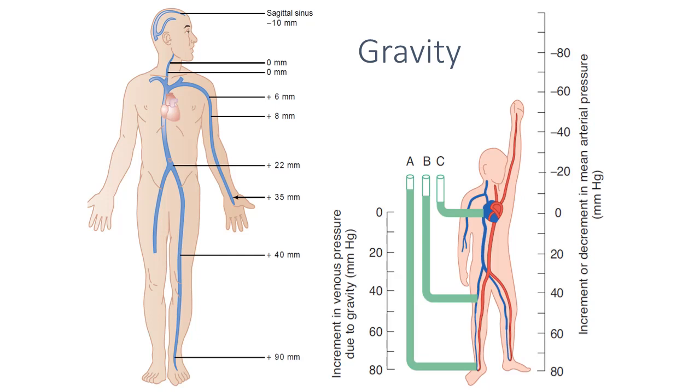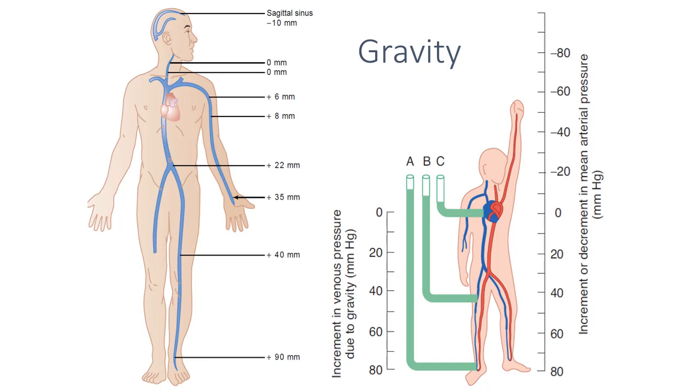So by adding the effect of gravity in the feet, the pressure of the artery is about 190 millimeters of mercury. So the pressure of arteries is higher in the feet. But this is not as important as the pressure of veins, because arteries can send the blood into the veins.